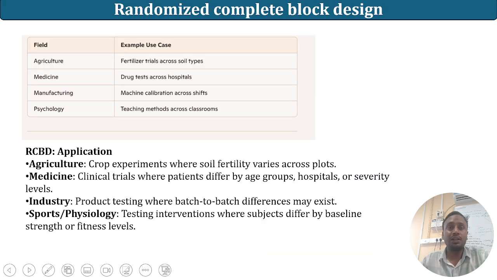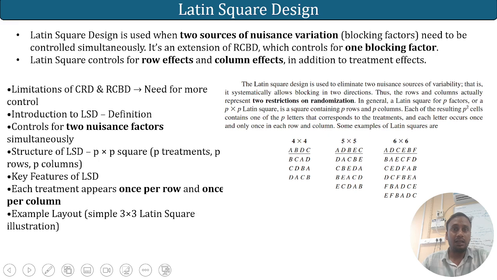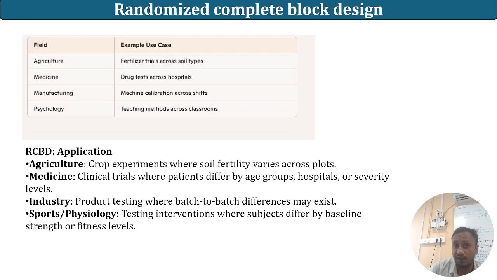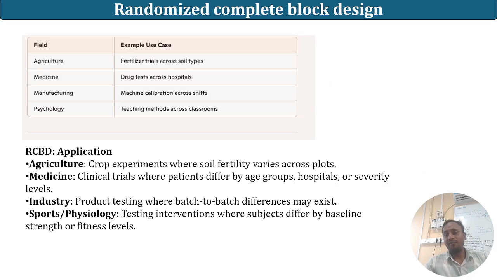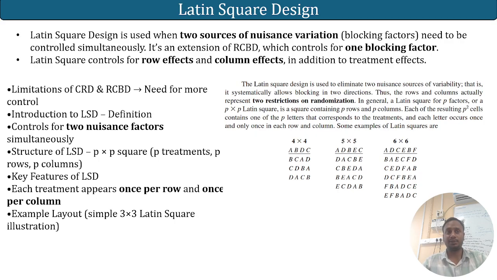So now we'll go to the Latin square design. Now the idea was we were just blocking, controlling only one variable. That's called a nuisance factor. If we have to control two variables, in that case we have to go through the Latin square design.